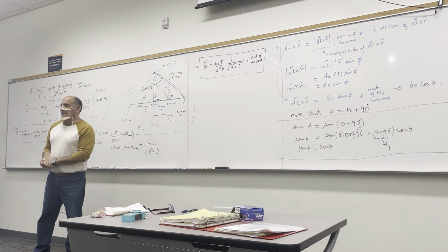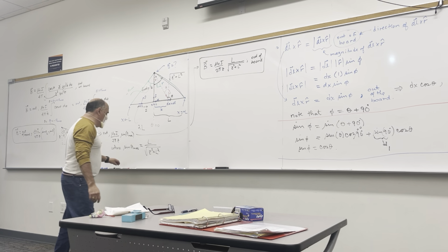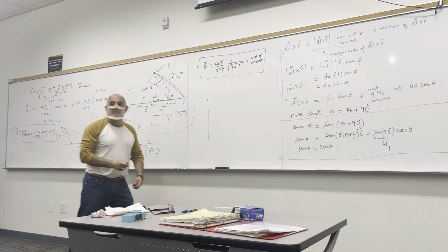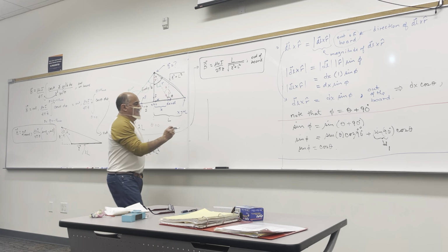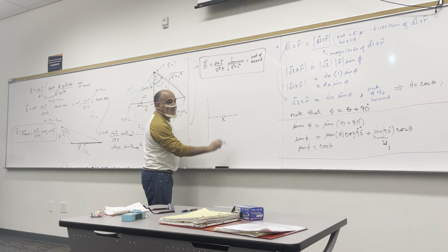Now, in the textbook, this is an example that's worked out, and what they did in the textbook is they put the line segment vertical, and they call the distance from the midpoint x.